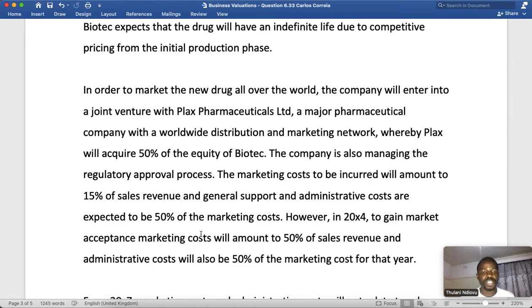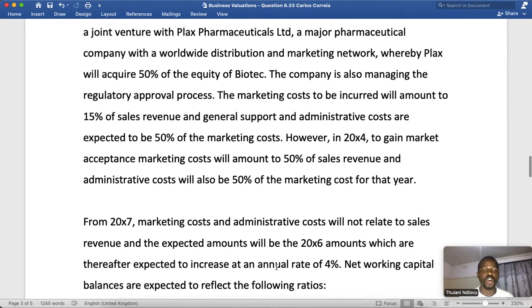The marketing costs to be incurred will amount to 15% of sales, and general support and administrative costs are expected to be 50% of the marketing costs. However, in 20x4, to gain market acceptance, marketing costs will amount to 50% of sales revenue, and administrative costs will amount to 50% of marketing cost for that year only.